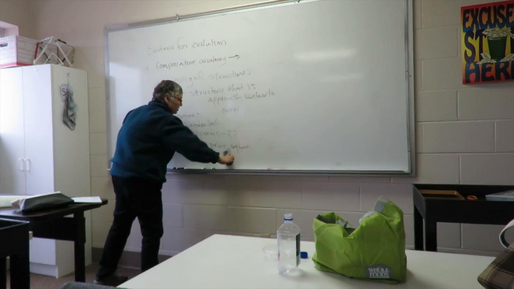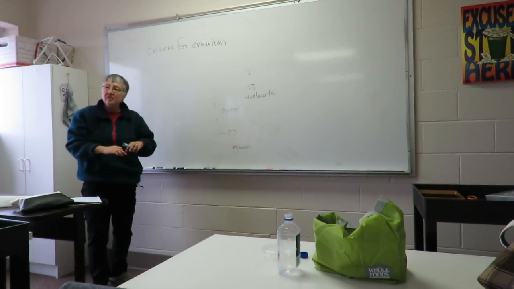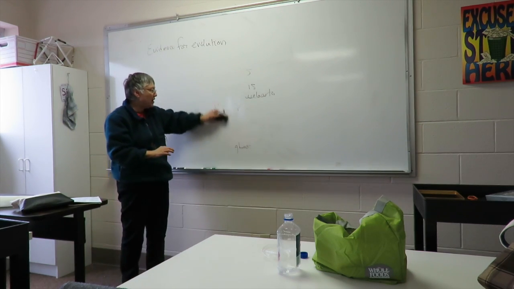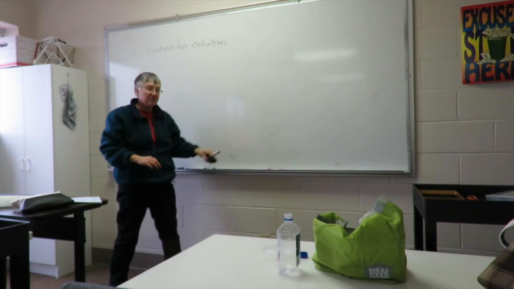All right, so what I want to do now is to talk about something that Darwin actually couldn't talk too much about, and that is the age of the Earth and the presence of fossils.